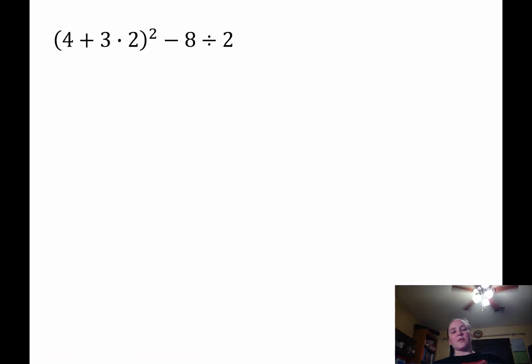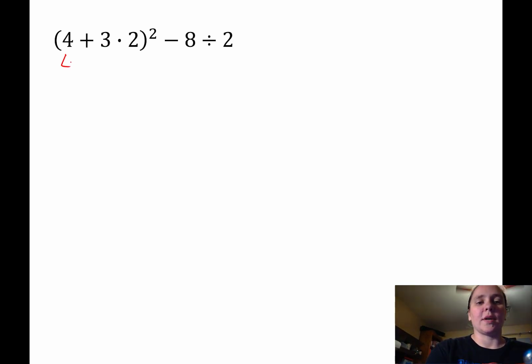All right, so looking at this first example here. I'm going to start with my grouping symbols. So I do have a set of parentheses, and I'm going to work those out. So first thing in here is I'm going to do the 3 times 2. So I get 4 plus 6.